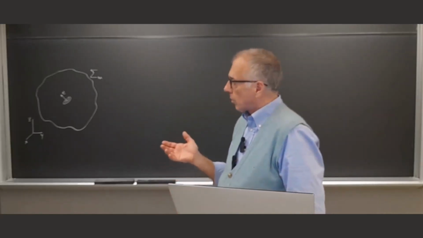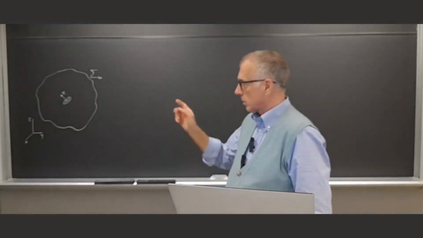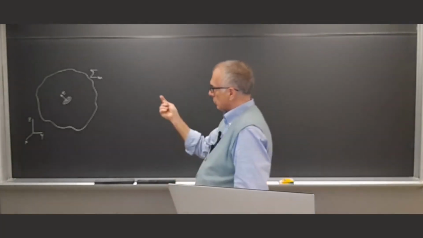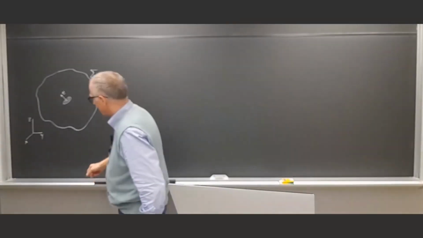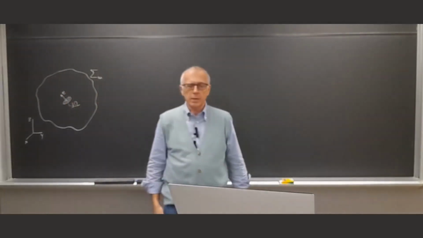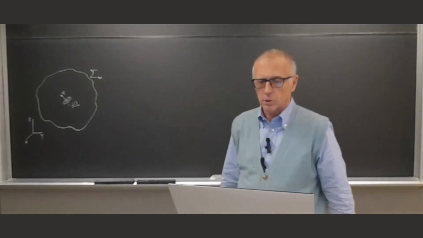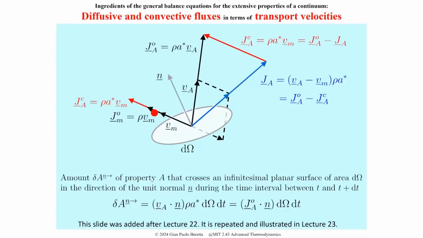So this is how much of that property crosses that area, and with which speed. So how much it transfers, it goes across, divided by the area of this surface that we call d omega, and divided by the time interval during which we measure the amount that crosses. That defines the flux.